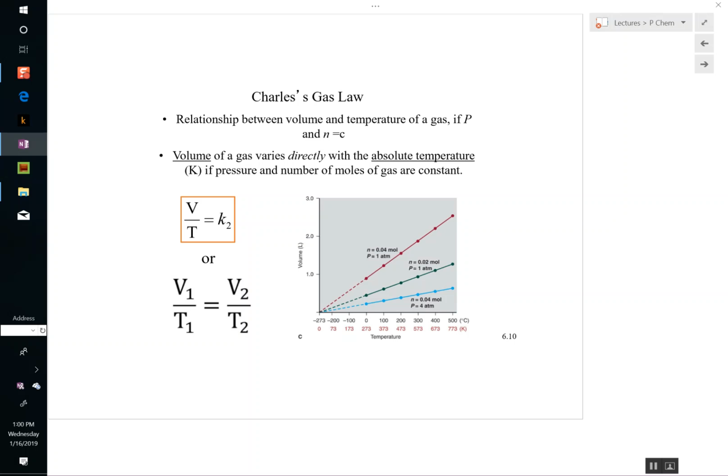But Kelvin is an absolute temperature. 0 Kelvin, 0 energy. So you're starting at 0 energy and moving on up. Temperature and energy are not identical, but they are proportional. The amount of energy is proportional to the temperature in Kelvin. So volume over temperature equals another constant.